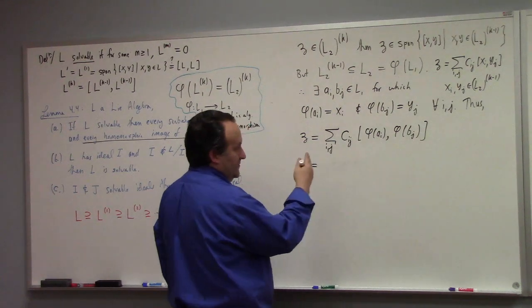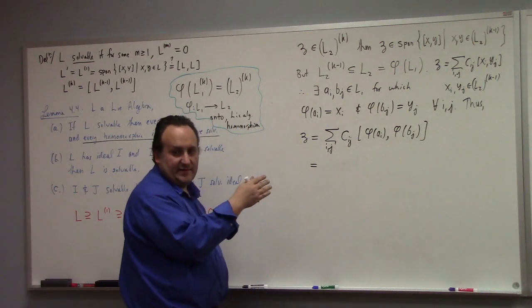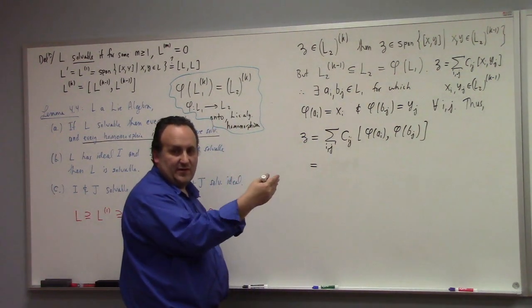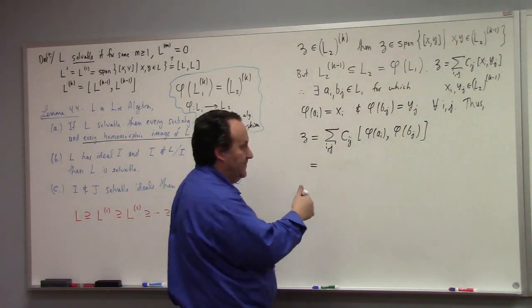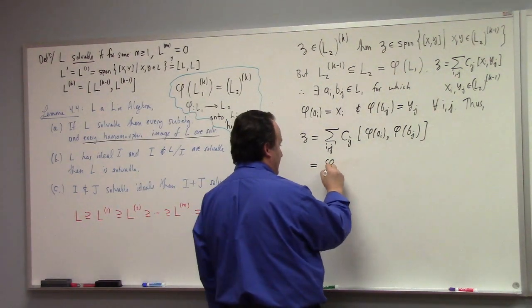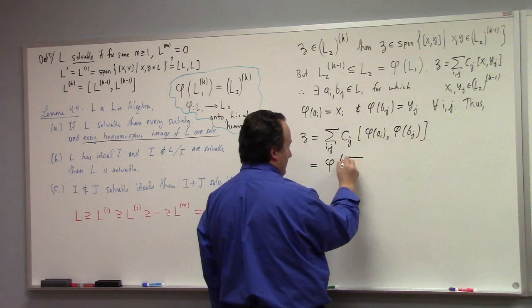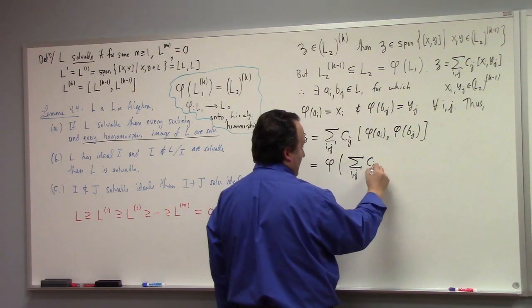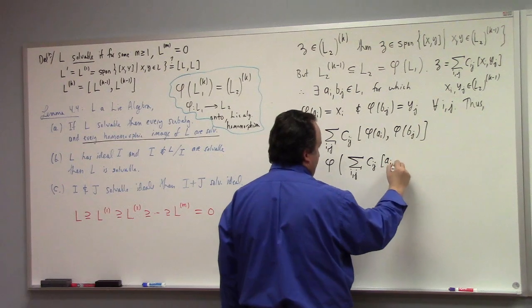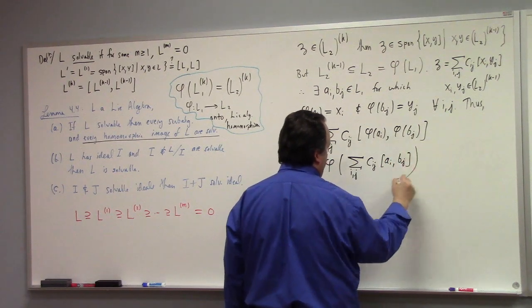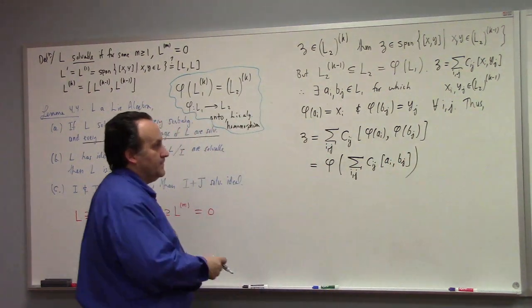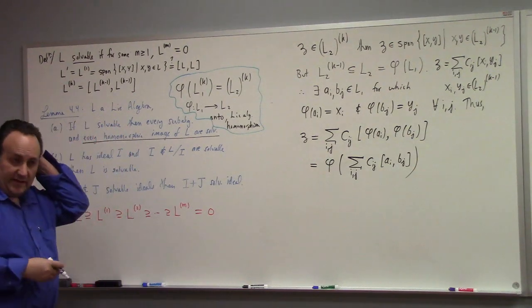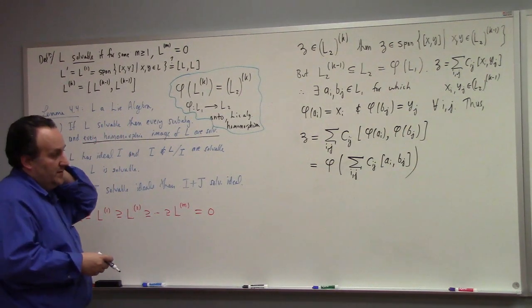I'm going to take the phi out, but then I'm also going to use the fact that it's a linear transformation, so I can also pull it outside the sum, just to do myself less writing. So what I really have is phi of the sum over i, j of c_ij bracket of a_i, b_j, right? Using that phi is a Lie algebra homomorphism.